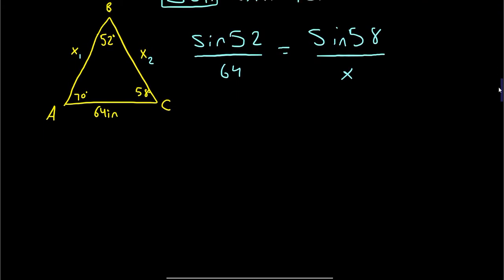So we're going to have x times sine of 52 is roughly equal to sine of 58 times 64. Sine 58 times 64 is roughly equal to 54.2751. We're going to divide each side by sine of 52.